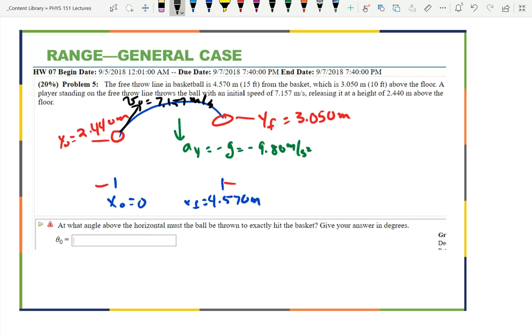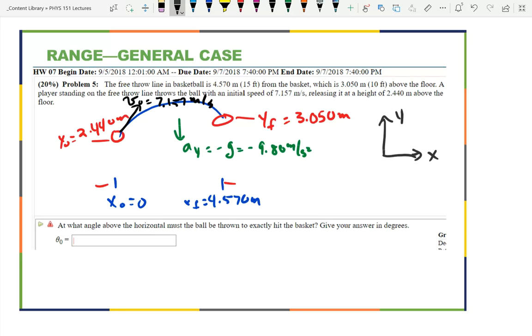No, I'm not going to add the basketball player. I need to add my x and y directions. Okay, so there I have a complete picture with all the information given except for v0.